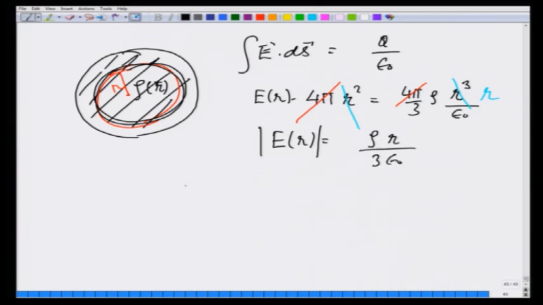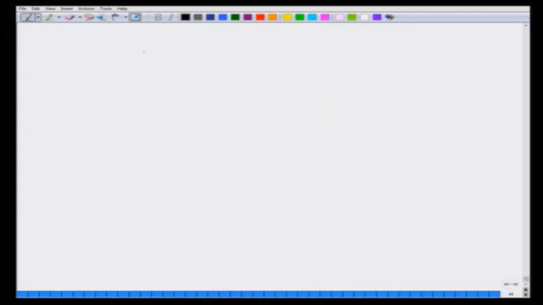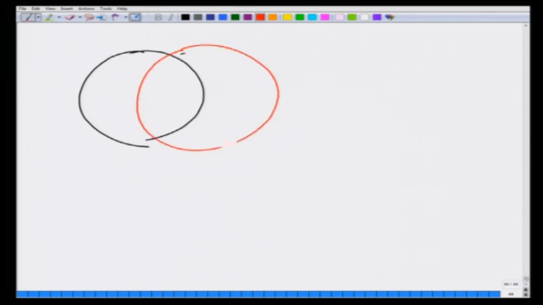If I write the vector field E at r, its direction is radially out, and using spherical polar coordinates, I can write this as rho vector r divided by 3 epsilon 0. This is the field. Now, let us superimpose these two charges that we were talking about. Here is the positive charge, here is the negative charge.